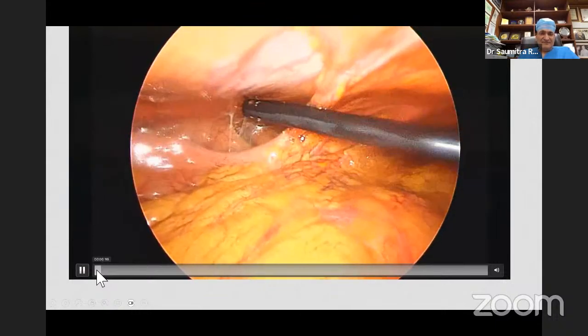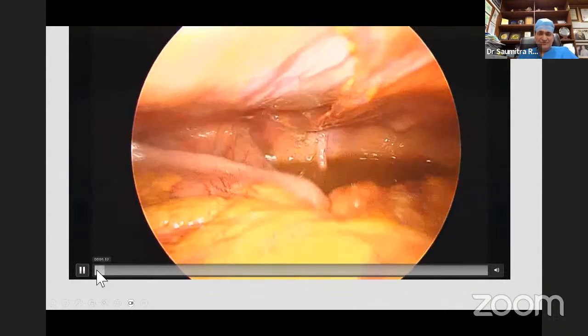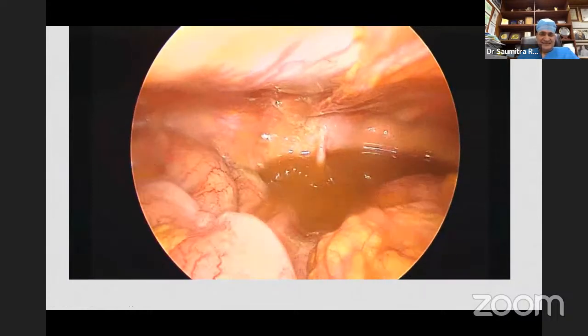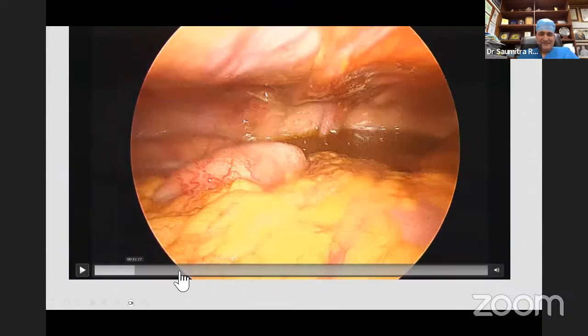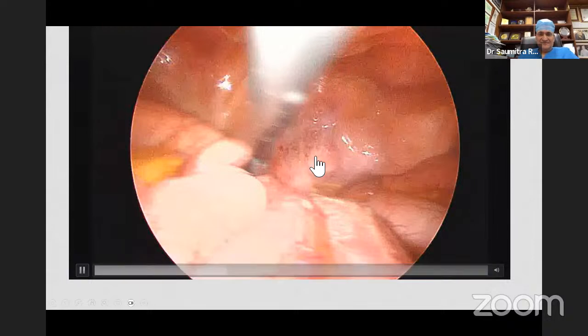So this is when we put a laparoscope in, you could see there is a collection there in the pelvis. I will just take it slightly further.